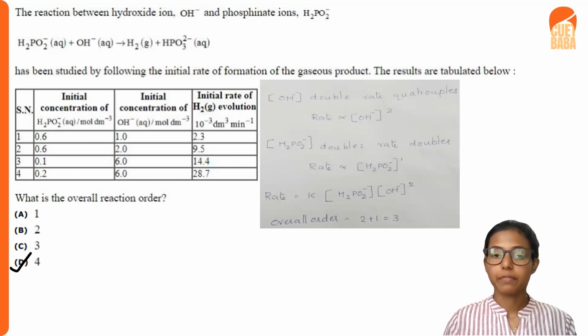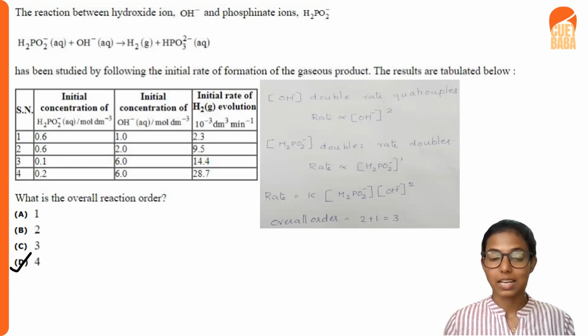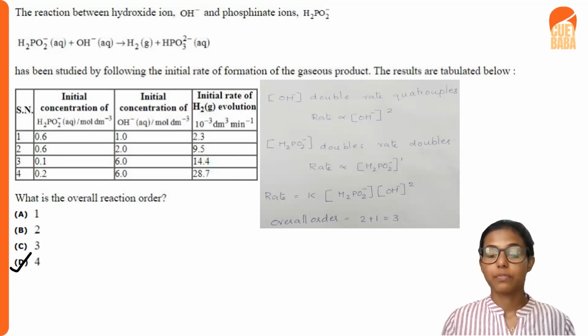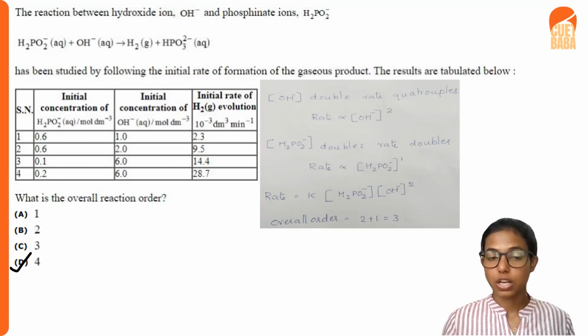When we are talking about the concentration of OH minus, in the first two rows we can see the concentration of phosphinate ion is constant, that is 0.6, and the concentration of the hydroxide ion is doubled. So when the concentration of OH minus doubles, the rate quadruples.